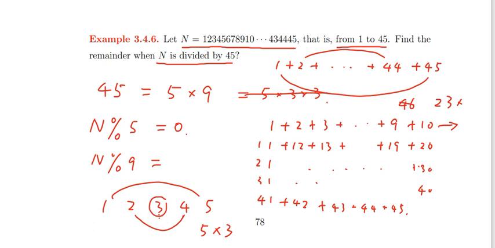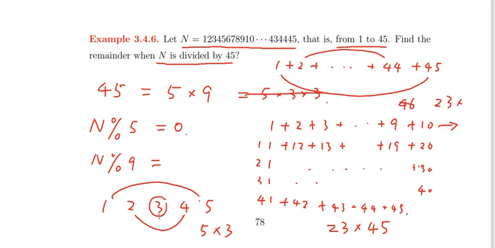So this is 2, this is 2, 3. Yeah, use this way. Okay. So the middle one is 23, so how many 23? 45 of 23. Okay, so this number is equal to 23 times 45.